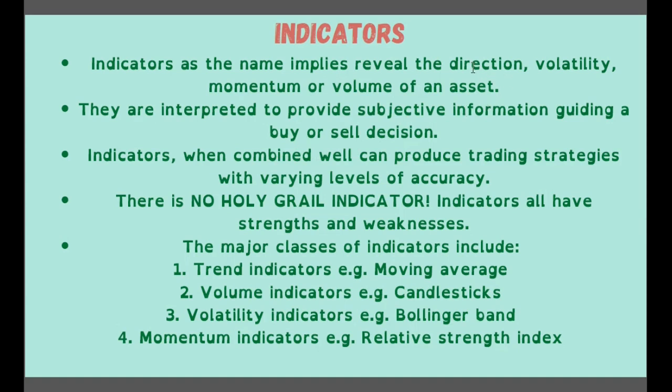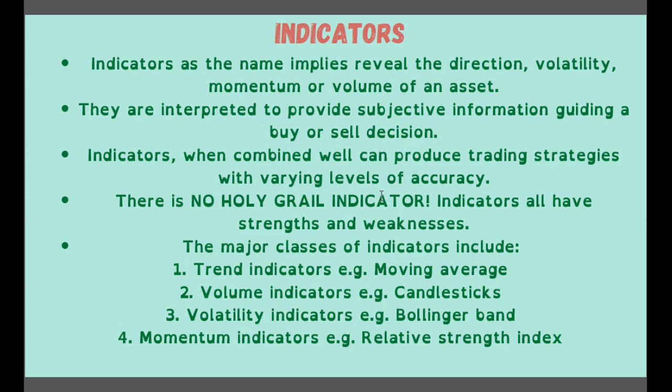Indicators basically reveal the direction, whether uptrend, downtrend, or ranging market. They reveal the volatility, the momentum, or volume of an asset.